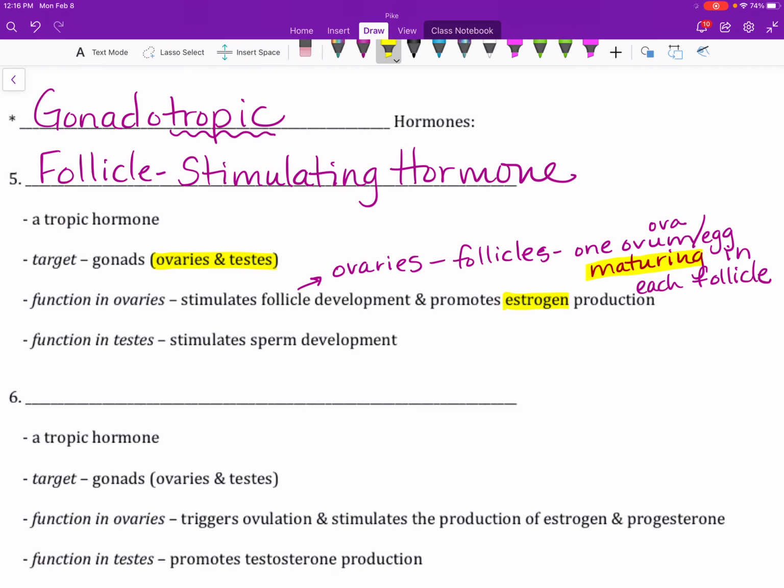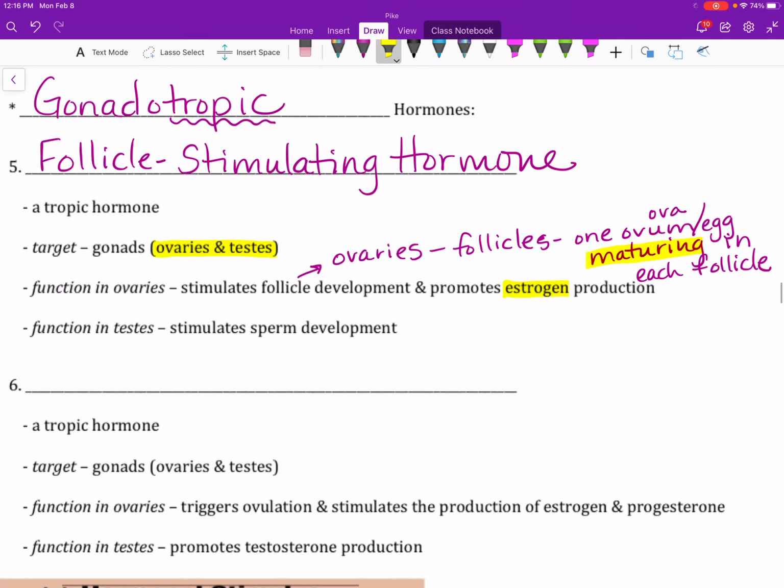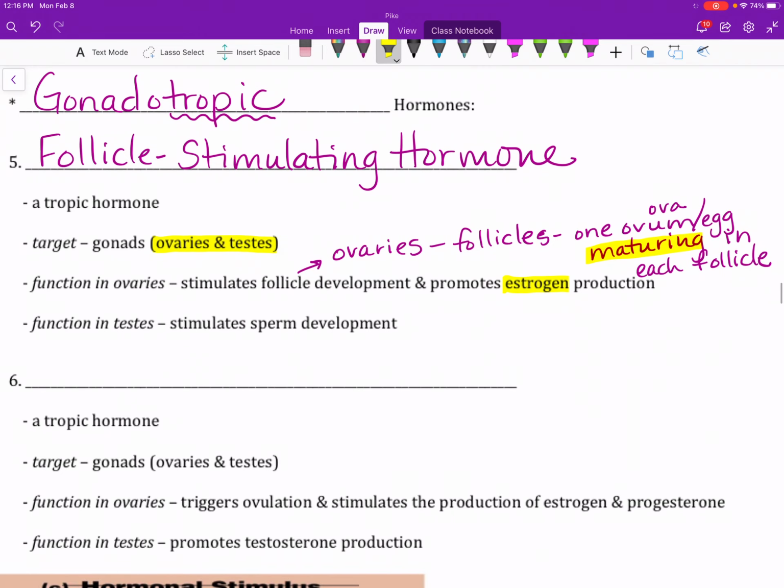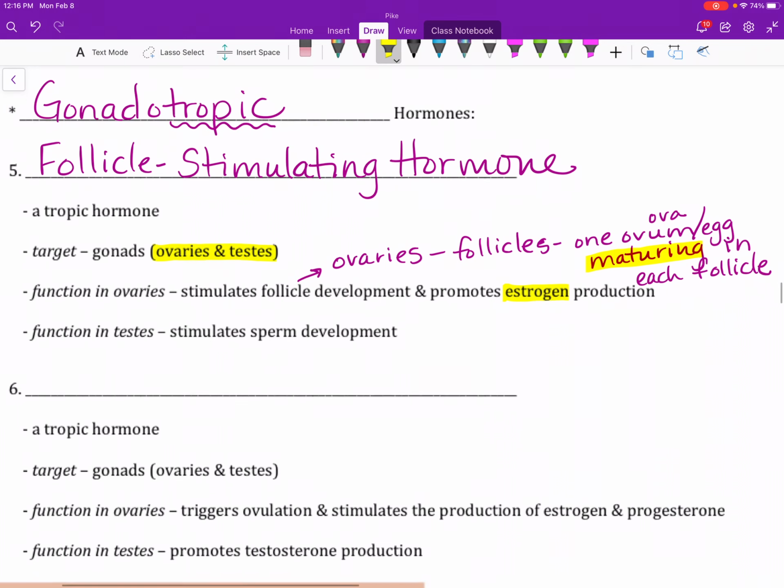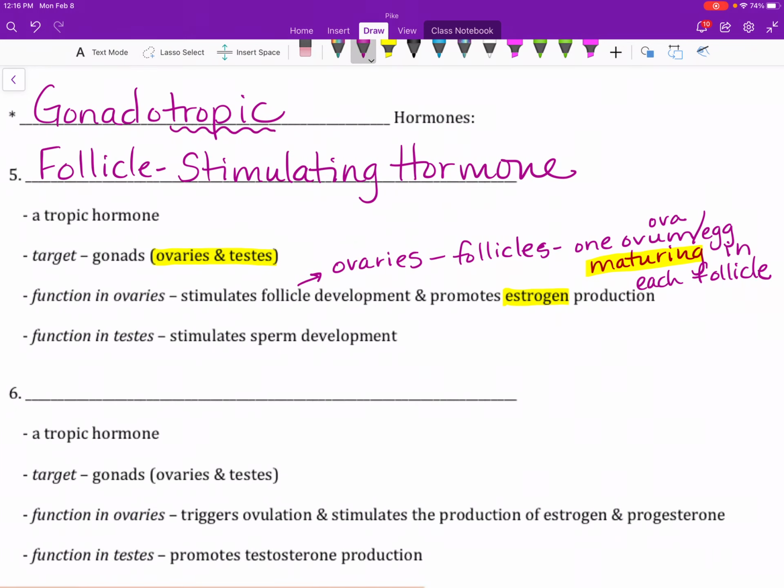So they're constantly multiplying through mitosis and actually meiosis, because you're halving the gene count, the chromosome count. So what we're doing is we're just stimulating that development. So that's follicle stimulating hormone, or FSH. That's how you'll see it listed on a clinical sheet from a doctor's office.